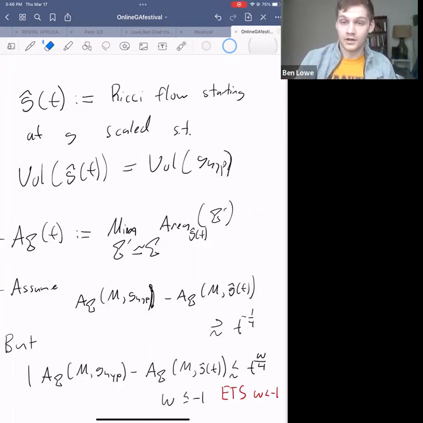You can compute this cohomology in some cases. Kapovich does this for surgeries on certain knots, and proves explicit examples where this condition is satisfied.